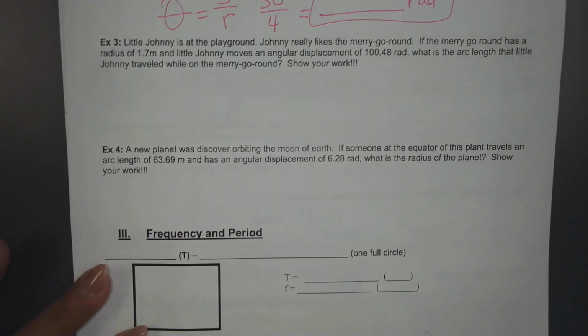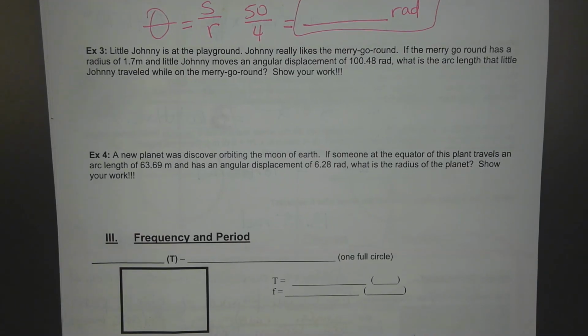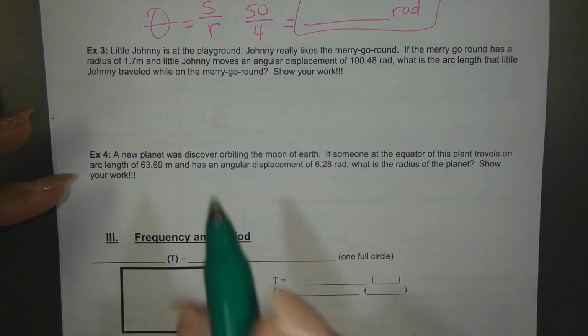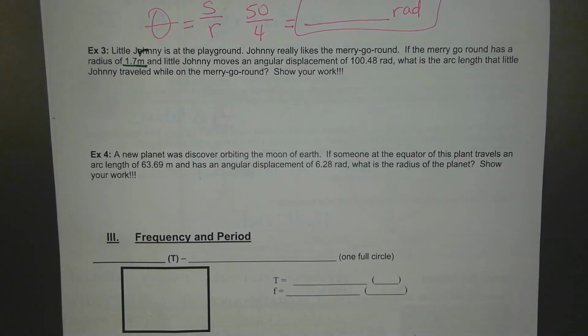Okay, so I'm going to come over here and look at this practice problem. This practice problem says that there's this kid, little Johnny, at the playground, and little Johnny's on the merry-go-round. The merry-go-round has a radius of 1.7 meters.